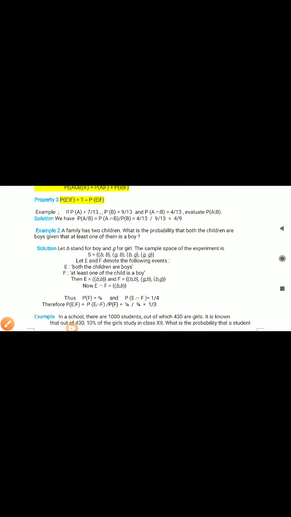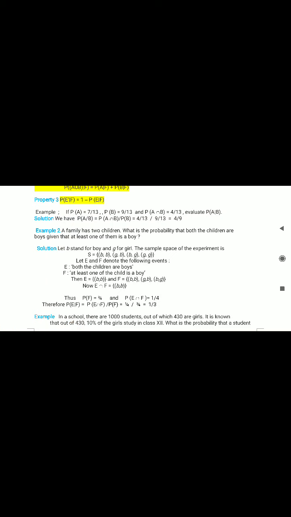Now I am taking a few examples. If P(A) is equal to 7 by 13, P(B) is equal to 9 by 13, then P(A intersection B) is equal to how much? P(A intersection B) is given as 4 by 13. Then we have to evaluate P(A|B).